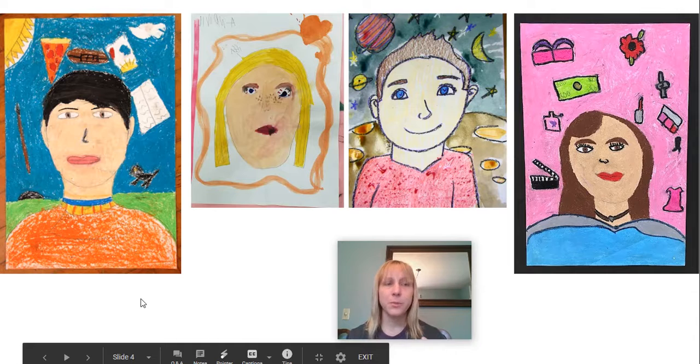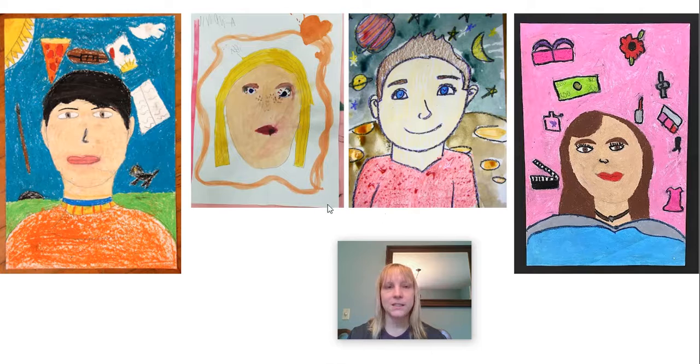So some of them have their favorite food or favorite sports. I am betting that this guy loves space and learning about the planets. This is actually a portrait drawn of one of the students' friends by the artist. So all of these are expressing about that artist or about that person in the portrait.